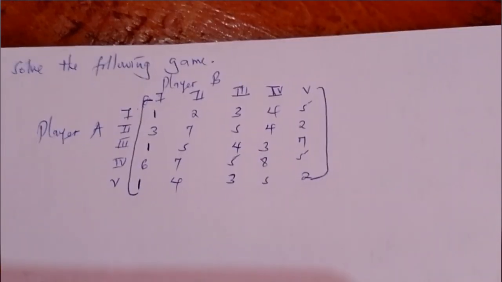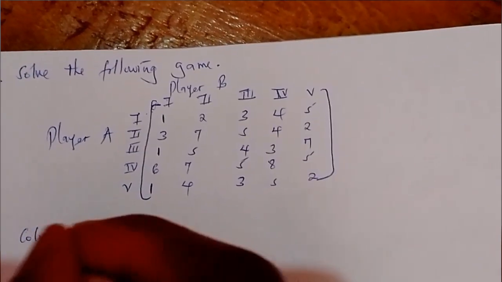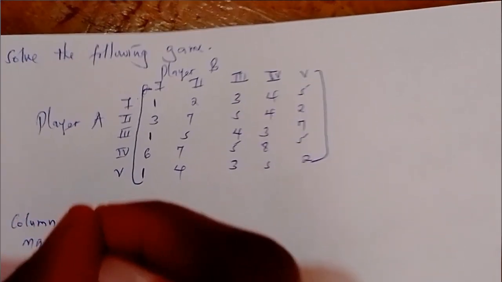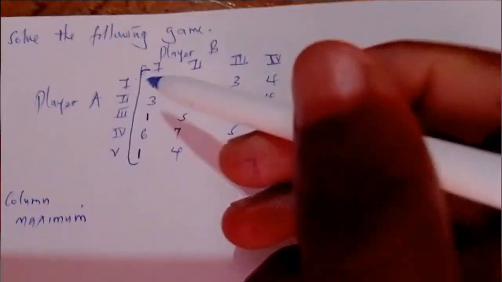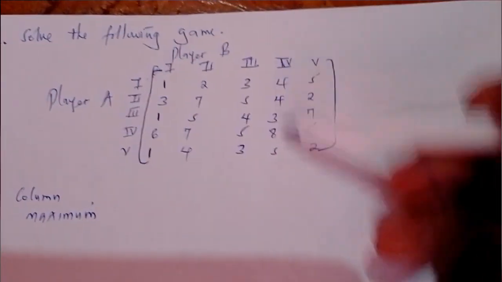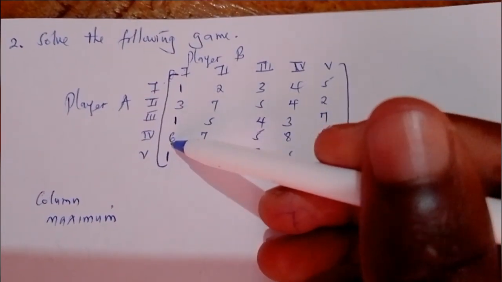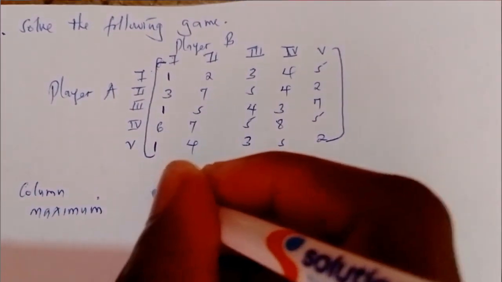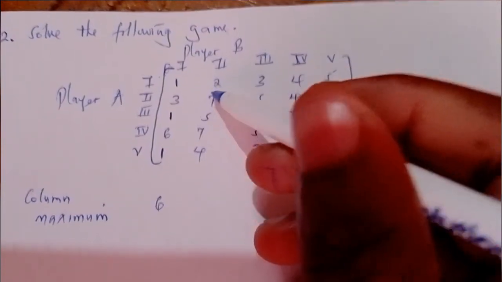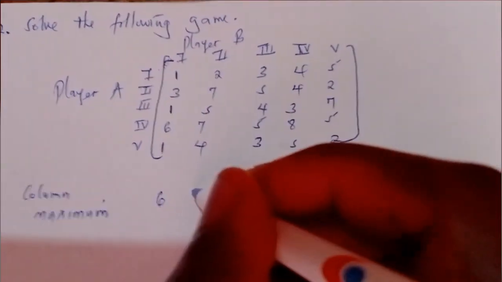So let's start with the column maximum. These are the columns. The first column has 1, 3, 1, 6, 1. The maximum element here is 6. The second column, 2, 7, 5, 7, 4. The maximum element is 7.